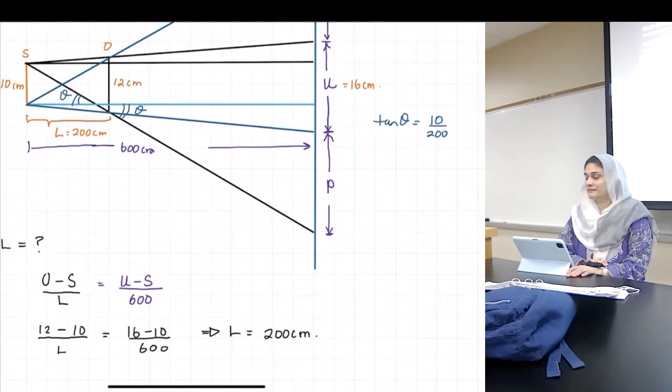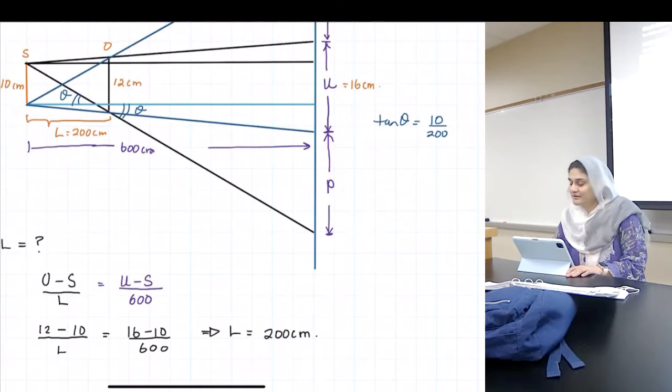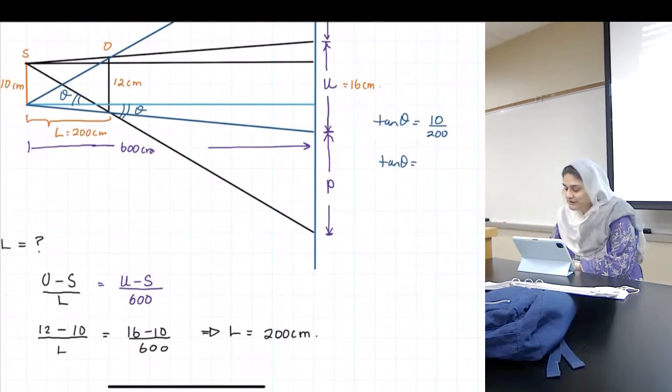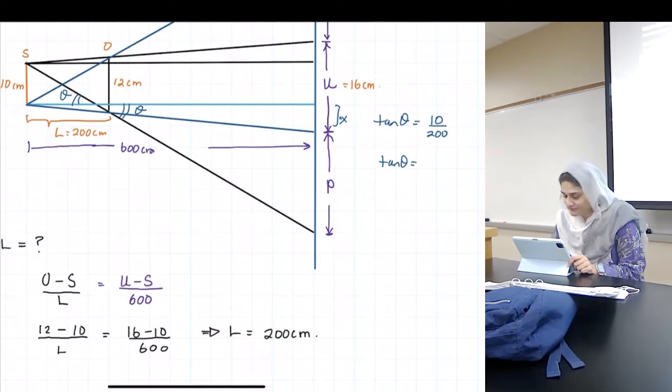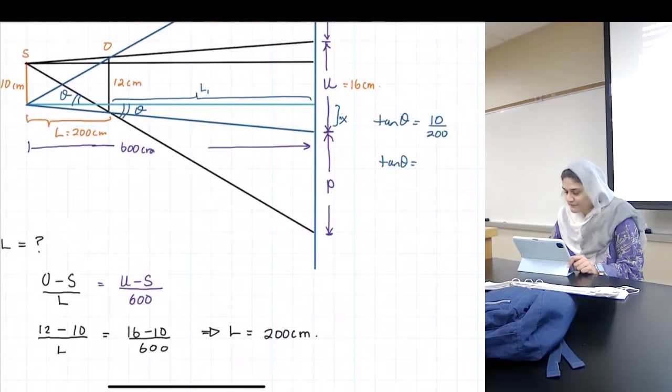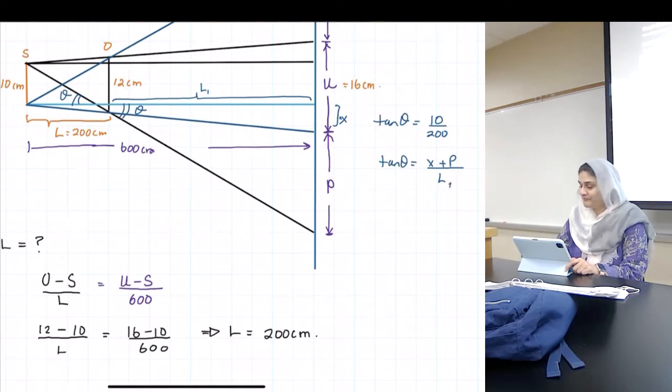And on the other side, tangent of theta equals x plus p divided by L1.